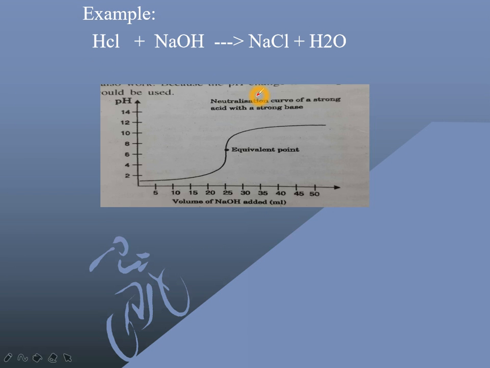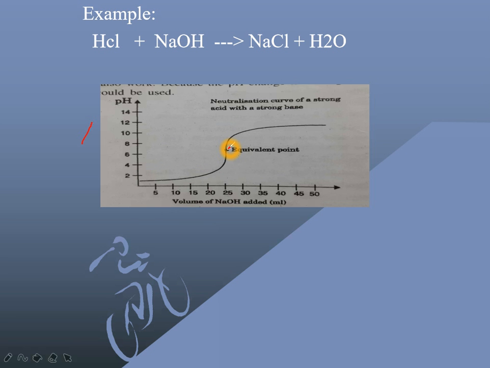The example is the reaction of hydrochloric acid with sodium hydroxide to give sodium chloride plus water. And here is a titration curve obtained by taking the volume of sodium hydroxide consumed on the x-axis and the pH change on the y-axis. The curve starts from an acidic pH, and by the addition of sodium hydroxide the pH of the solution increases and reaches the equivalence point at pH 7.